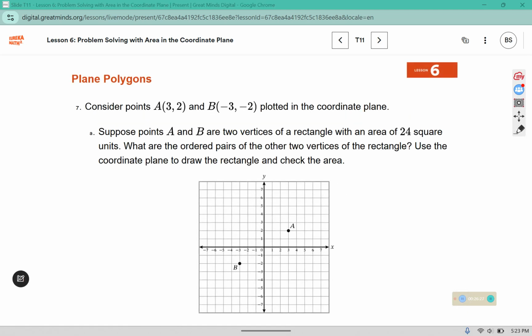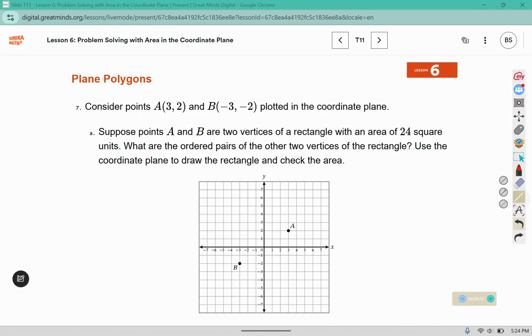Consider points A, which is at (3, 2), and B, which is at (-3, -2), plotted in the coordinate plane. Suppose A and B are 2 vertices of a rectangle with an area of 24 square units. What are the ordered pairs of the other 2 vertices of the rectangle? Use the coordinate plane to draw the rectangle and check the area.